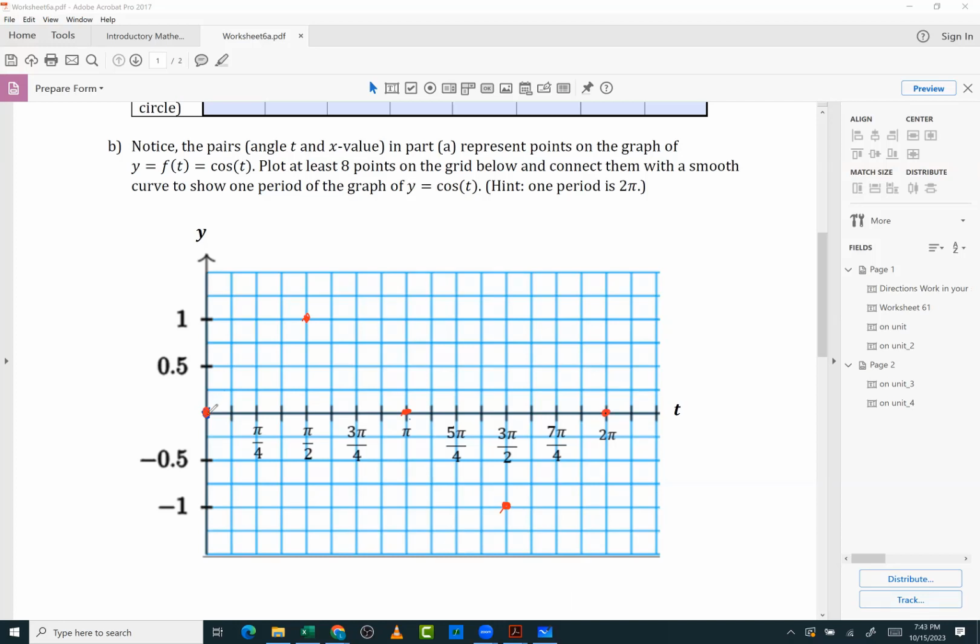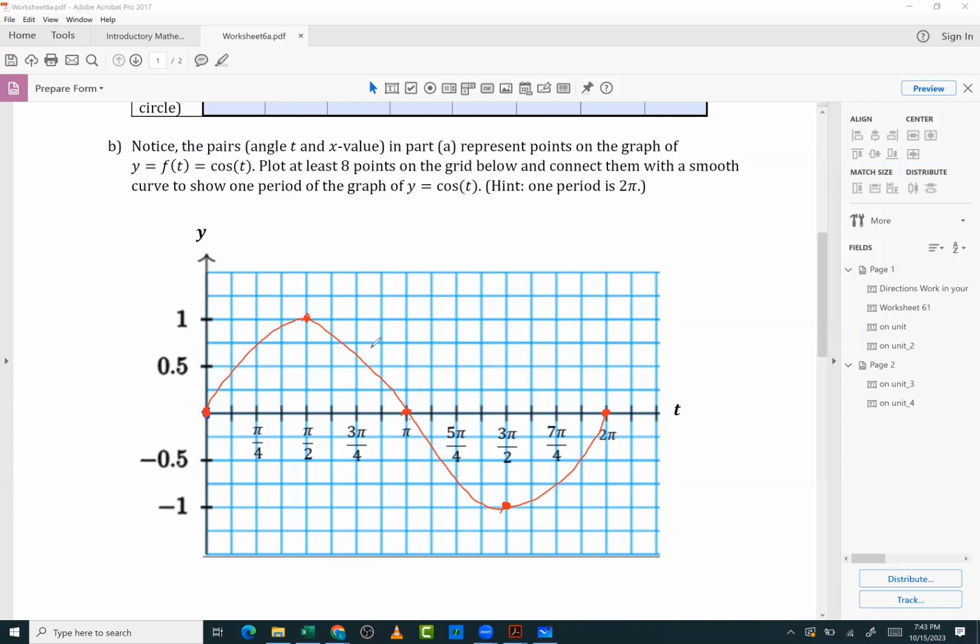And then let's see if I can make it somewhat accurate. If you look here at pi over 4, that's kind of close to 0.7-ish, right? It's 0.75, but not too bad.